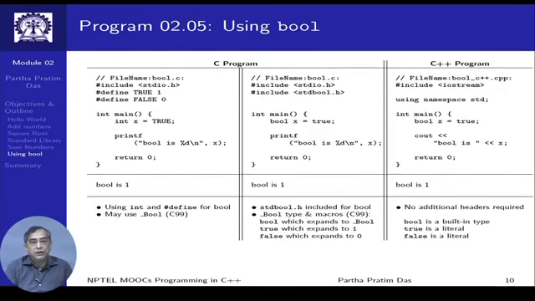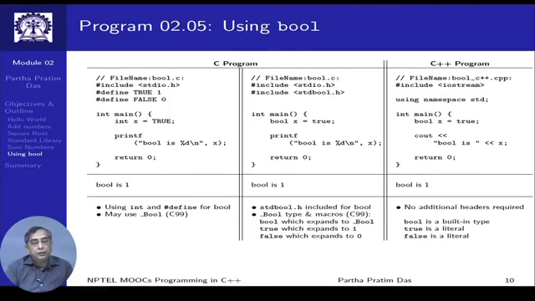So, if you want to define x for use as a Boolean variable, you can directly use bool, which makes it very easy to understand that you are actually dealing with a Boolean value, and you could initialize it with true or false. But if you try to print the value of this variable, it will not print true or false, it will actually print 1 if it is true and 0 otherwise.